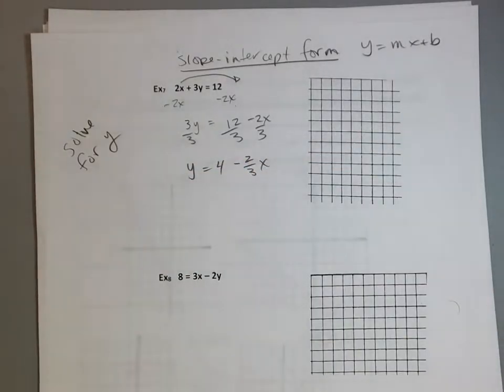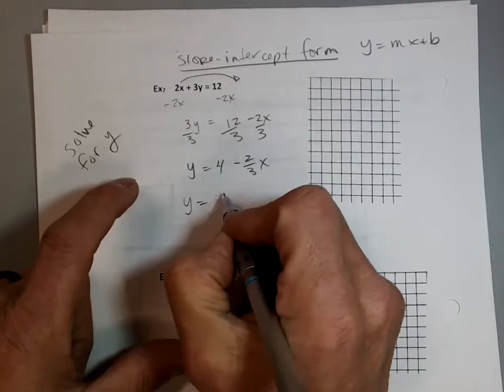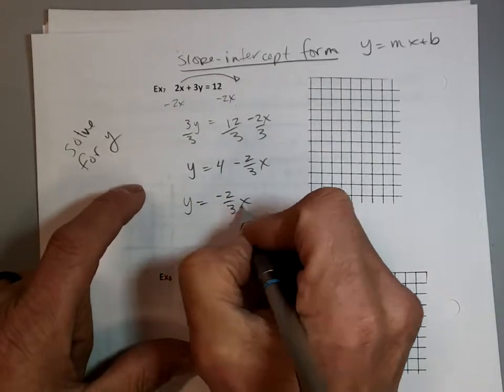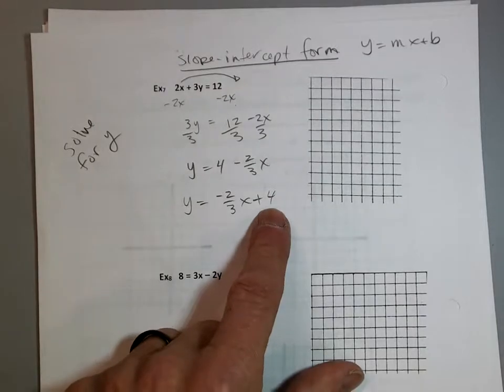Now, it's written a little bit backwards, so I'm going to switch it around so it really is in slope-intercept form. So I'm going to rewrite it as y equals negative 2/3 x plus 4. I just switched it around. You don't have to do that. I like to do that because kids are less confused. All right, so let's start at 4 on the y-axis, then go down 2 over 3.